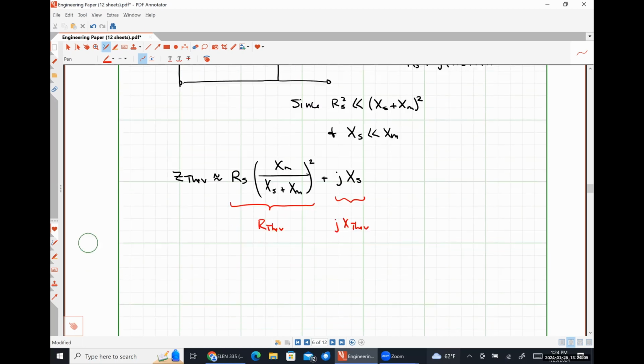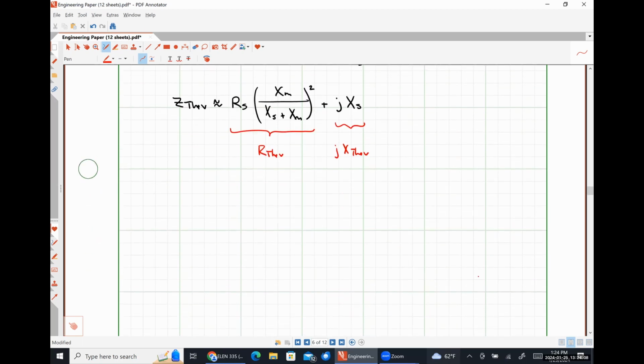So applying our Thevenin equivalent circuit, replacing our stator, our new model looks like V Thevenin in series with R Thevenin plus JX Thevenin. There's our air gap.